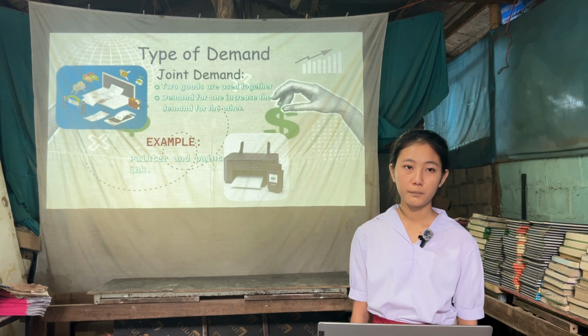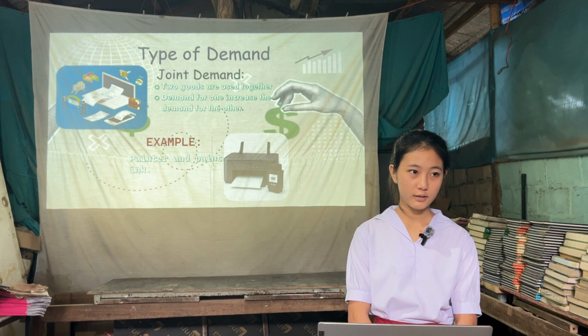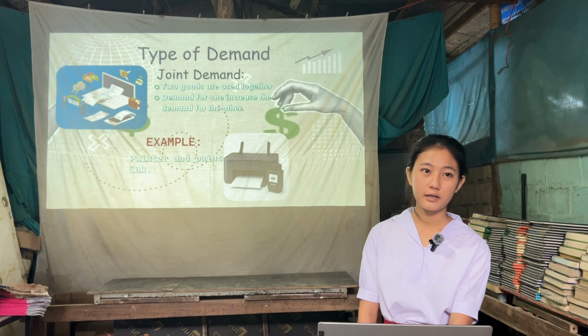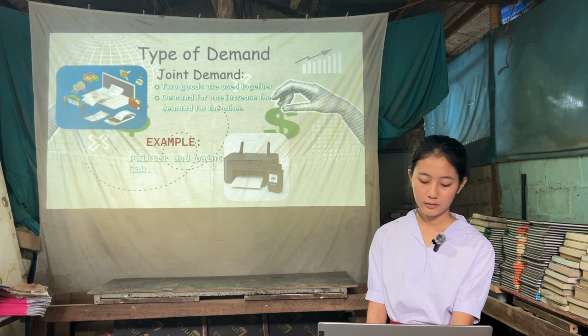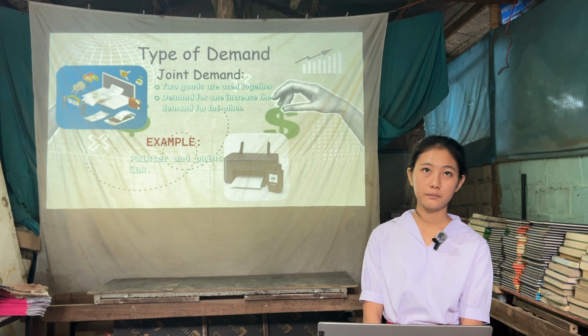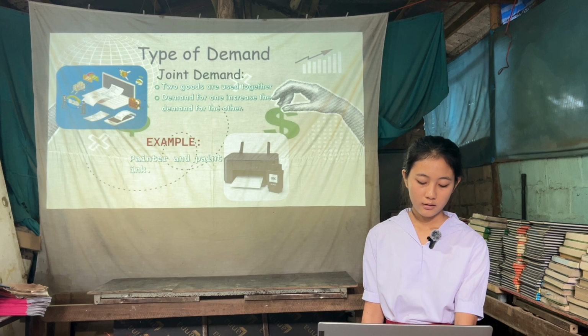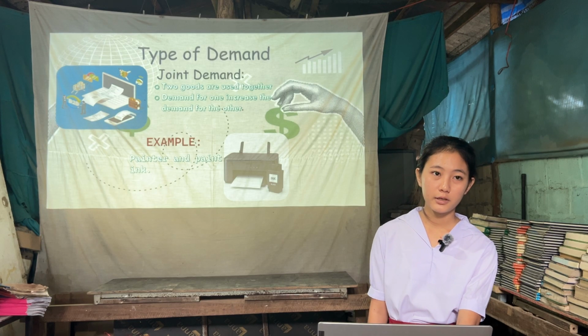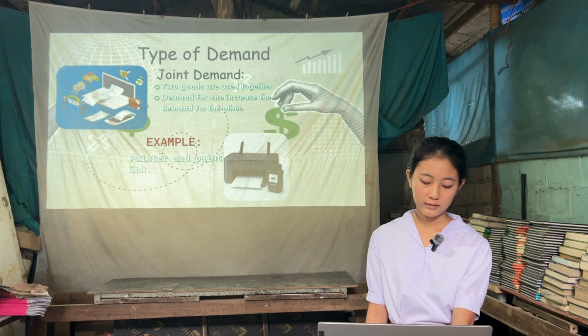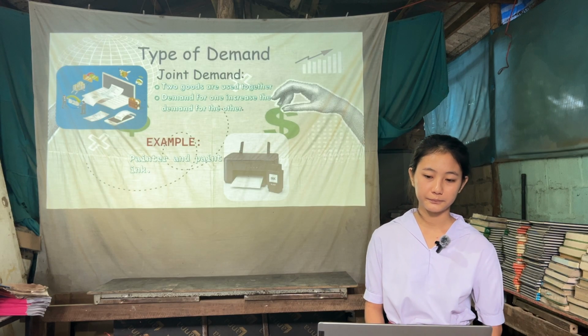If more people buy printers, the demand for printer ink also increases because a printer cannot be used without ink. This is called joint demand.